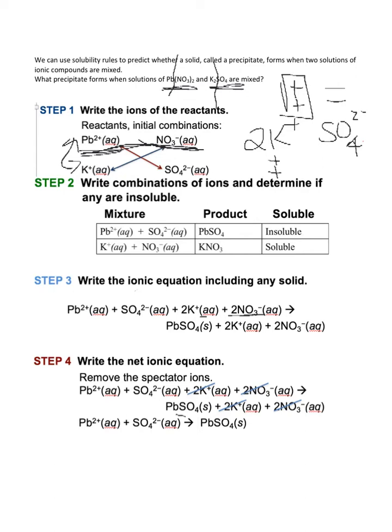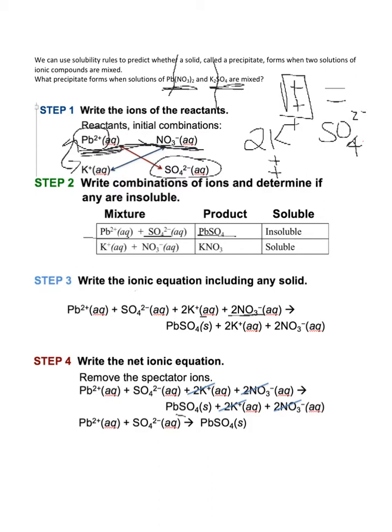However, the SO4, the sulfate ion, has a negative charge, so the lead would be perfectly happy to pair with the SO4. Since the lead has a charge of 2 plus and the SO4 has a charge of 2 minus, they form together in a 1-to-1 ratio. So Pb2 plus SO4 2 minus gives you PbSO4. Now let's look at the potassium.